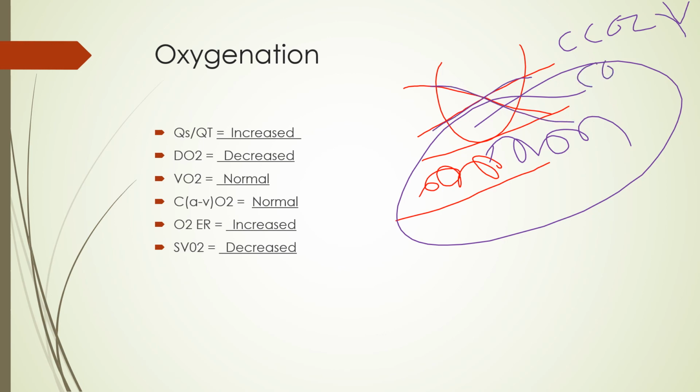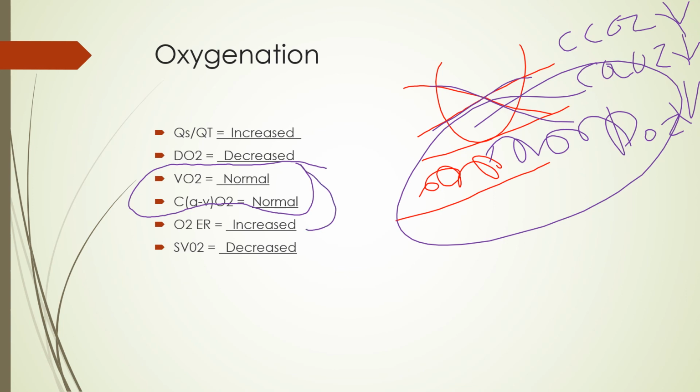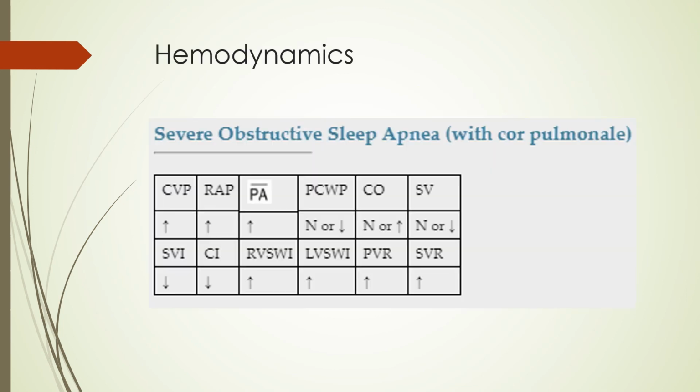Therefore, our CaO2 is going to be decreased. Therefore, our DO2 is going to be decreased. Consumption, VO2 and A-to-V gradient, normal, right? Not a hypermetabolic issue. O2ER is increased because we start off with the lower DO2. SvO2 is decreased because we start off with the lower DO2.